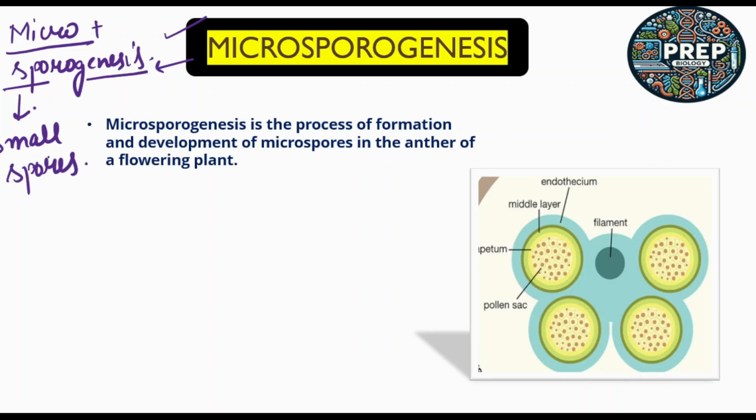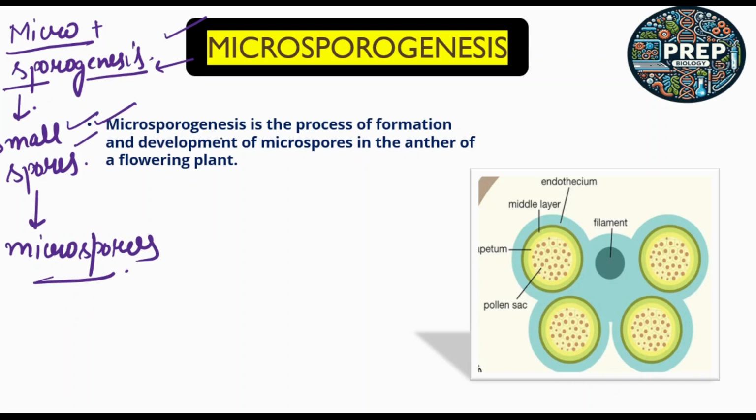Genesis means process. So what is microsporogenesis? It is a process of formation of small spores. Small spores are called the microspores. Is it clear?